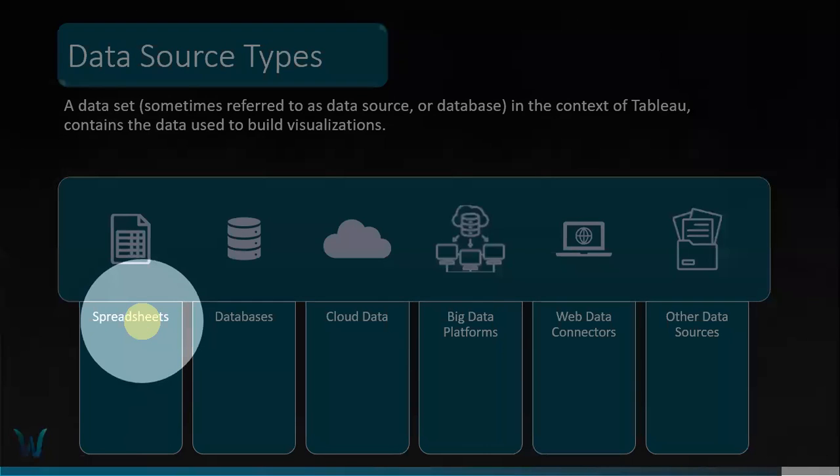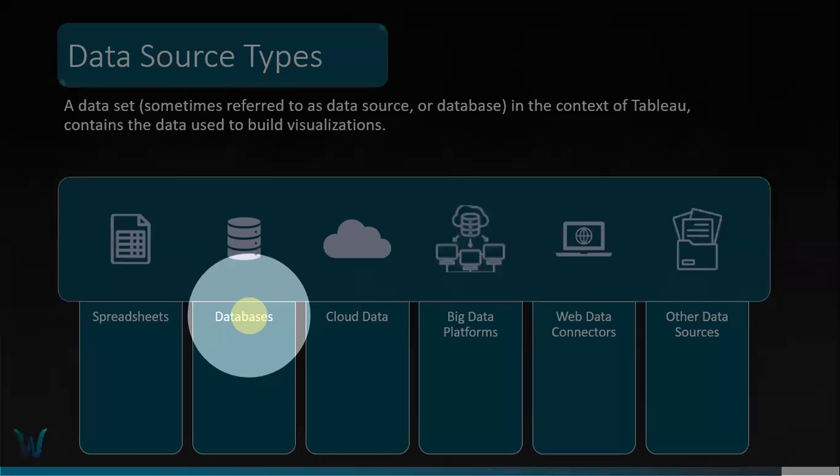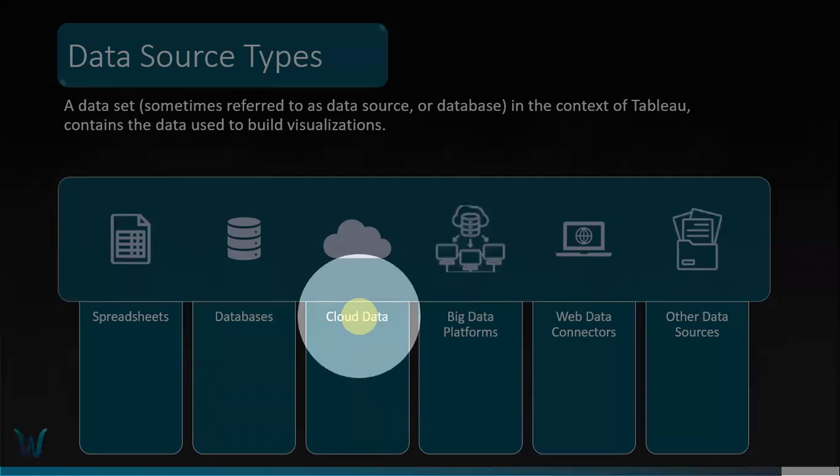Examples include Excel, Google Sheets, Apple Numbers. You also have databases. So this can be SQL Server, PostgreSQL, MySQL, etc. Then you have cloud data. So this can be data from a Snowflake database, or it could be a Redshift warehouse, amongst others.